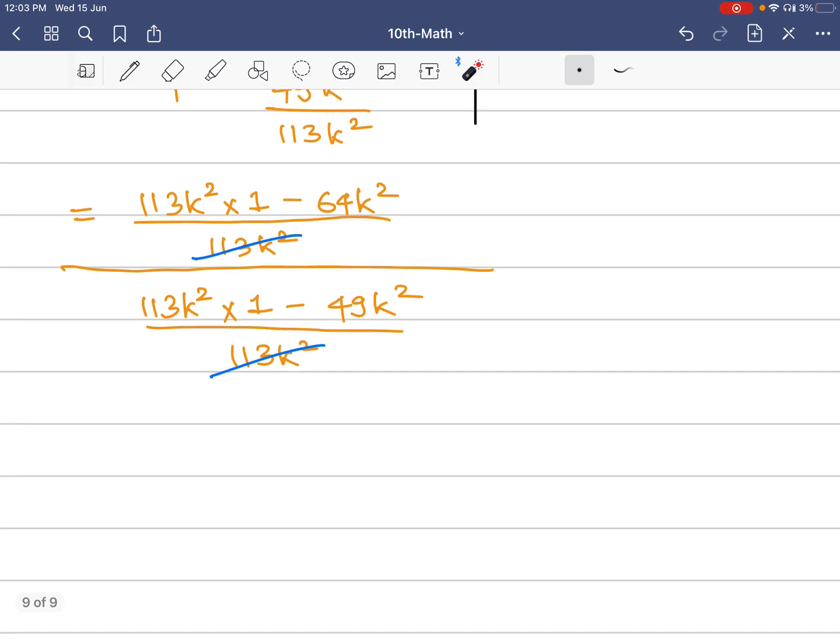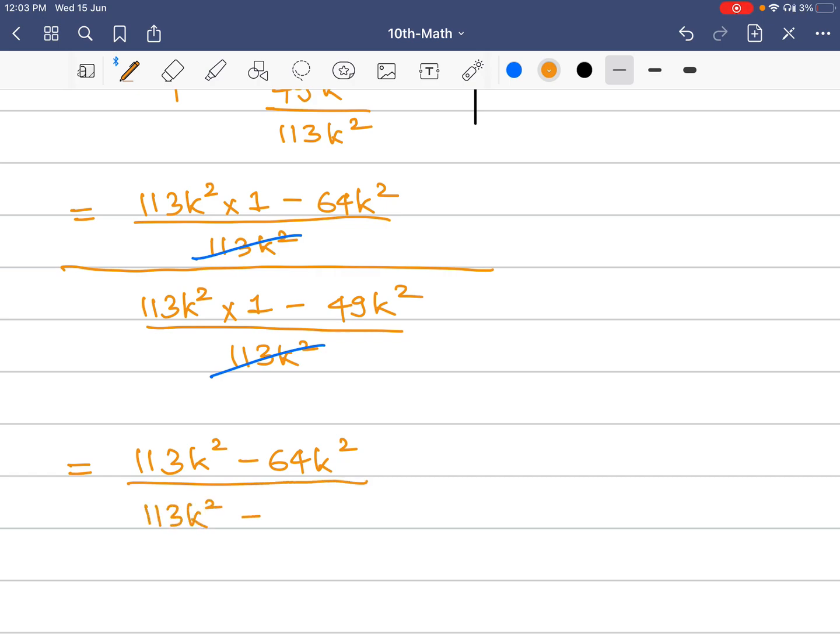So let's see what it evaluates to. That is equal to 113k square minus 64k square, the whole divided by 113k square minus 49k square.